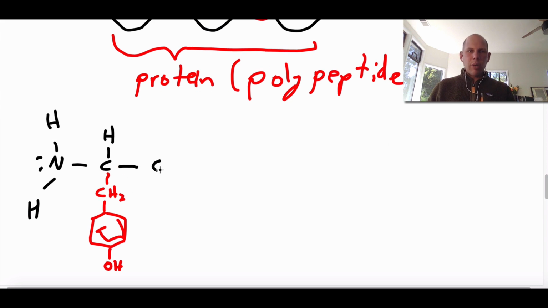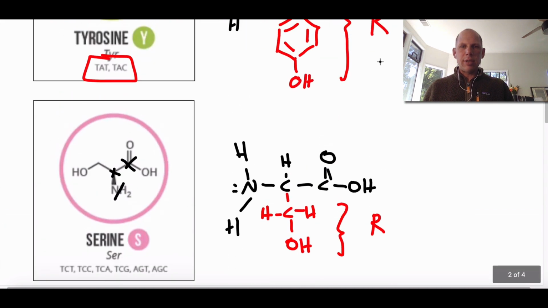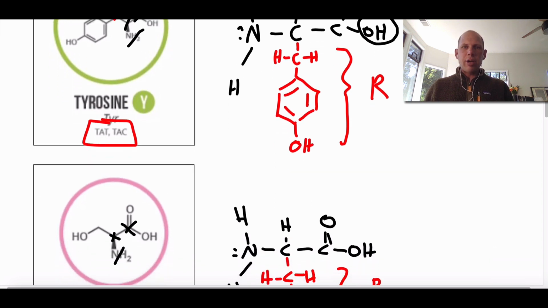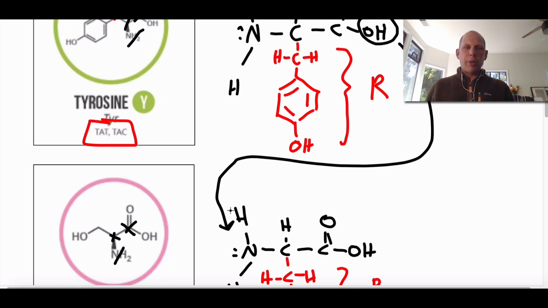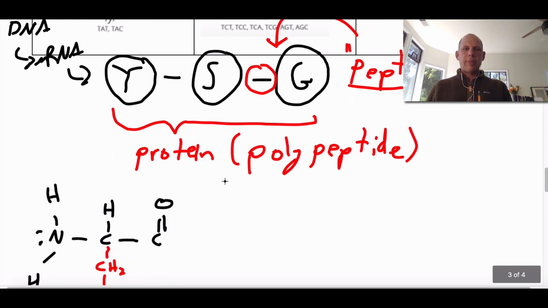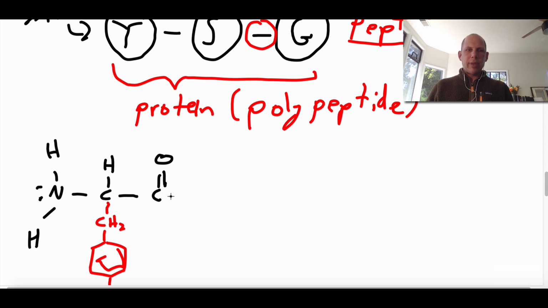Okay. So now what's going to happen here, okay, is the carboxylic group on tyrosine is now going to do a reaction with the amine group on serine. Okay? So here we have tyrosine, and now we're going to bring in serine.